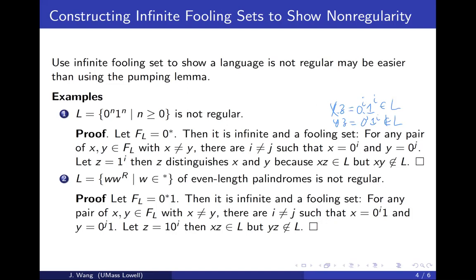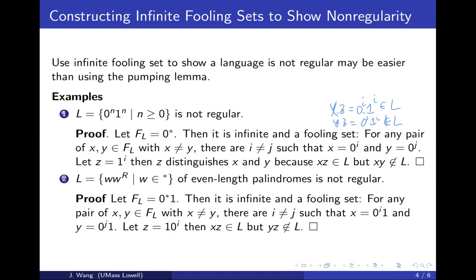So now let's look at why it is a fooling set. In order to see this, we consider any pair of strings x and y in F_L with x not equal to y, so that means there are i and j with i not equal to j, such that x is equal to 0 to the i followed by 1, and y is equal to 0 to the j followed by 1.